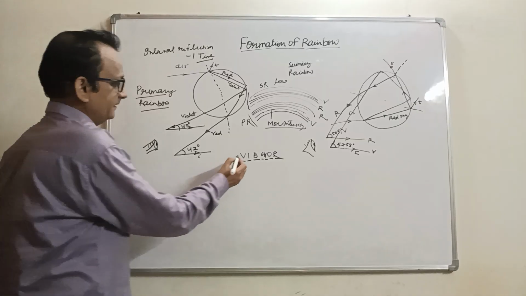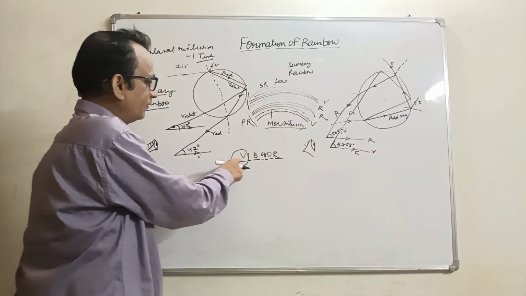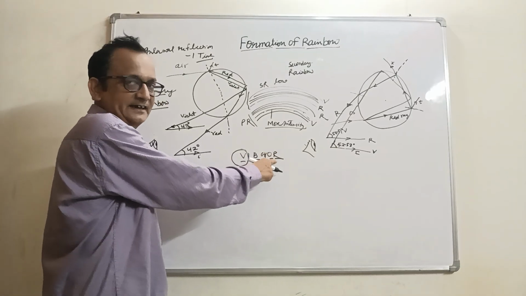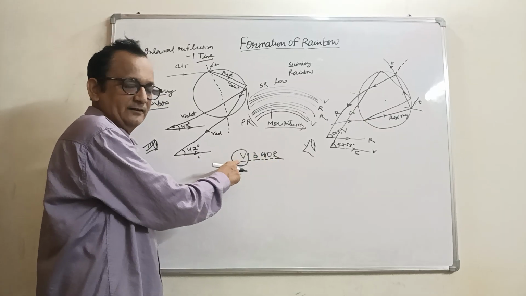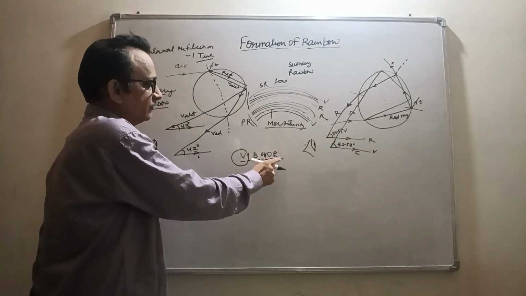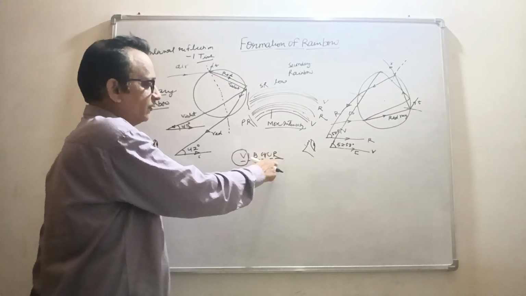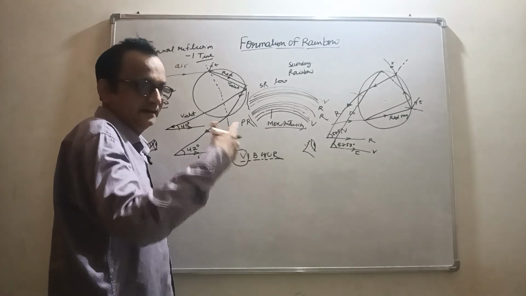As we see here, the wavelength of violet color is least and red color wavelength is more, and scattering for red color is least and scattering for violet color is most. Because of this we use the red signal so that it can be seen from a far distance, because red color has more wavelength and least scattering.